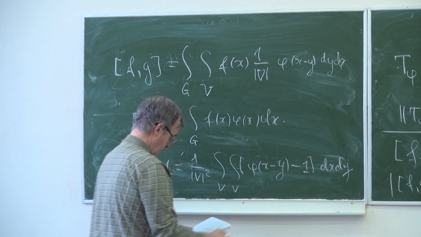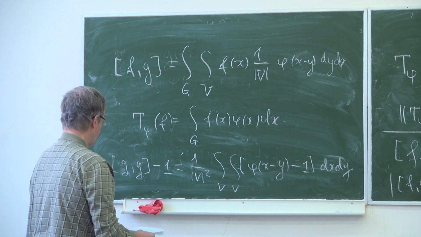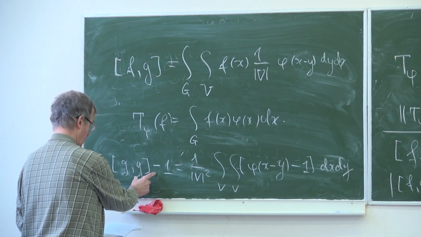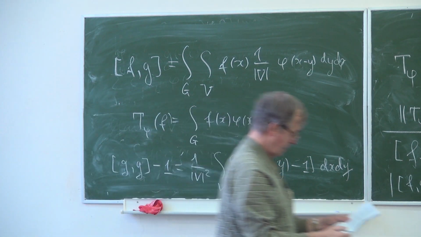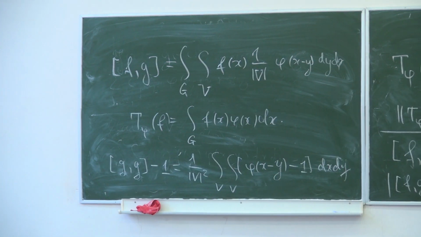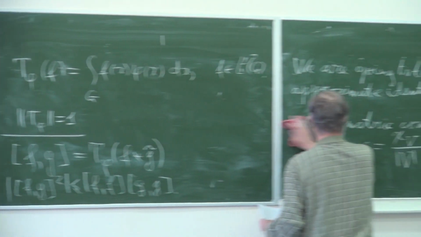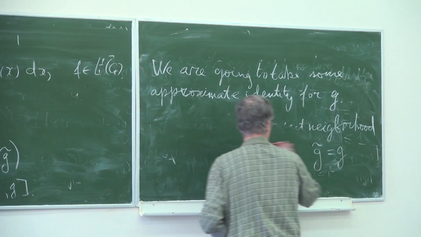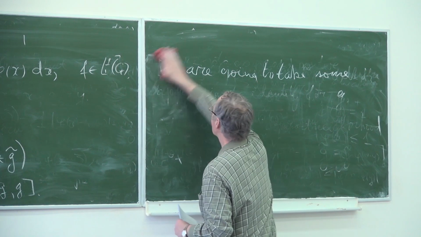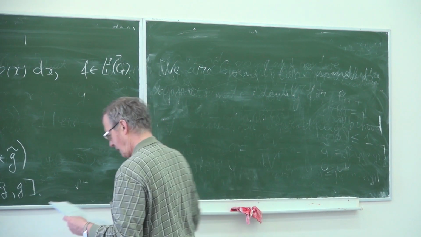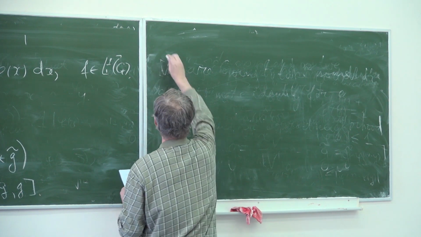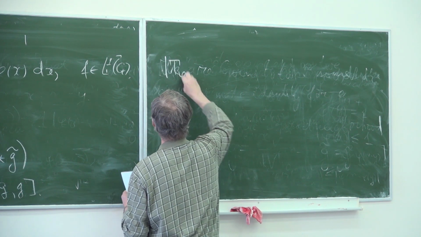Okay? So this thing is close to 1, and it follows that after putting here an approximate identity, we obtain the following inequality. So from this, we obtain something related to only one function f.